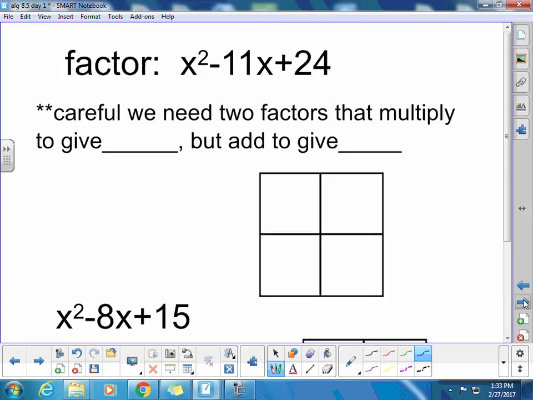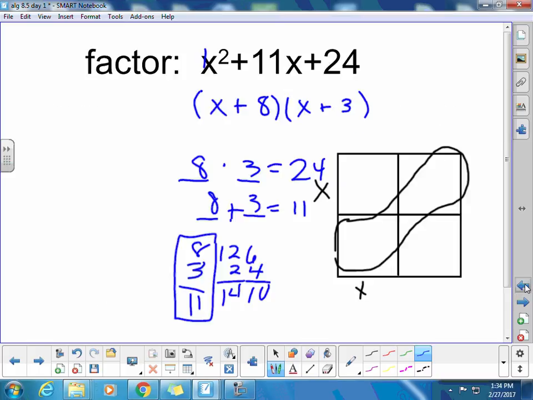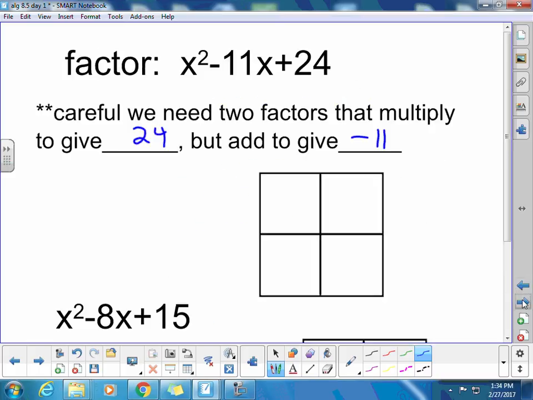All right, careful. We need to find two factors that multiply together to give us positive 24. Add together to give us negative 11. So this one is slightly different than that one in the fact that we have a negative 11 now instead of a positive 11.